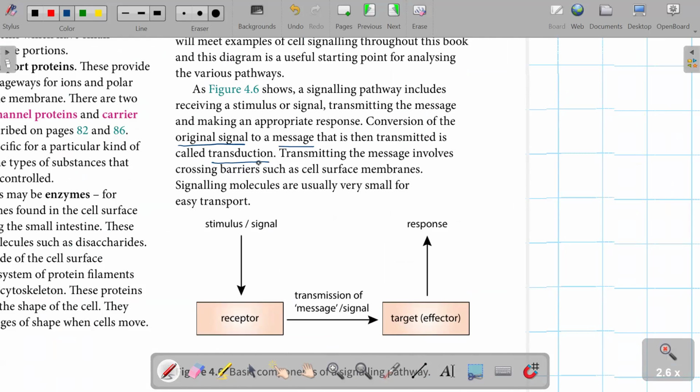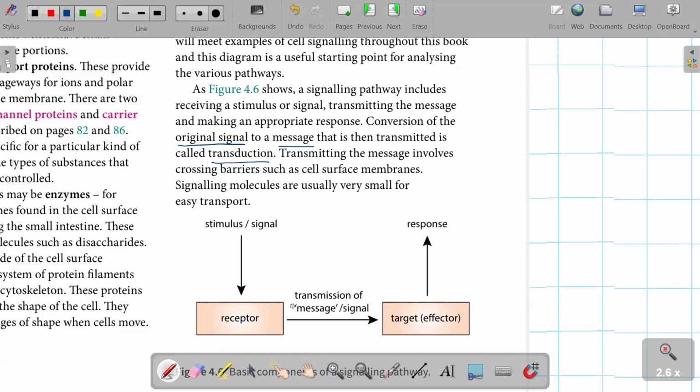Just like when someone transfers money internationally through banking apps: the original money in your own country is in the form of notes or coins, but when you transfer it, it is in digital form from the banking app. This is a way of transmission of money from one place to another.